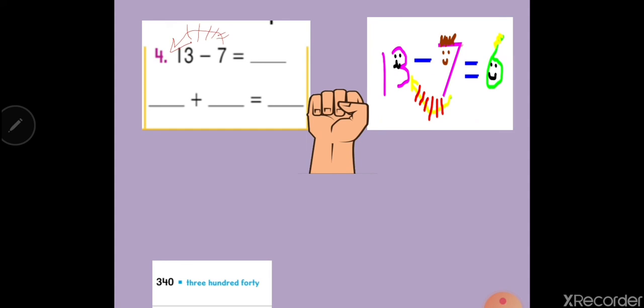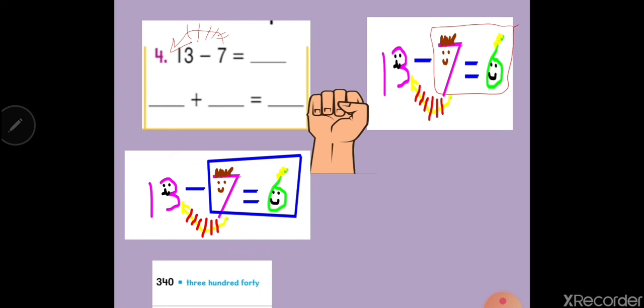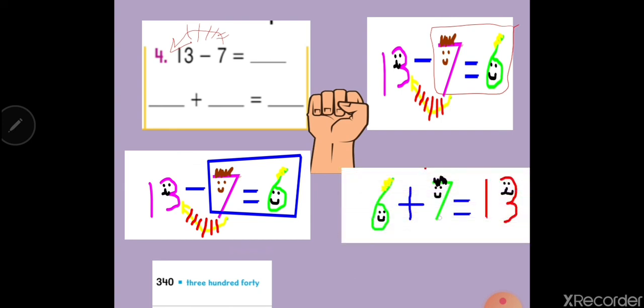Okay. Now I want to know if your answer is correct or not. What will you do? Yes, you will take the two small numbers together, put them together. That means you will use the plus sign and flip the minus into plus sign. Okay? You will have 6 and 7.